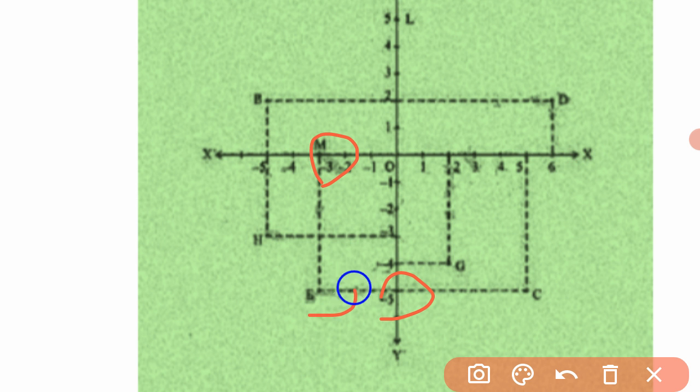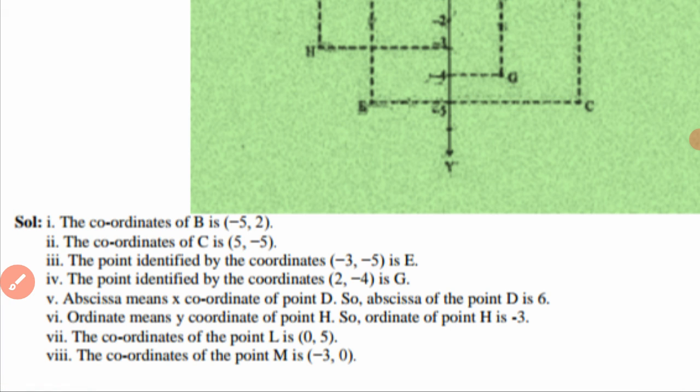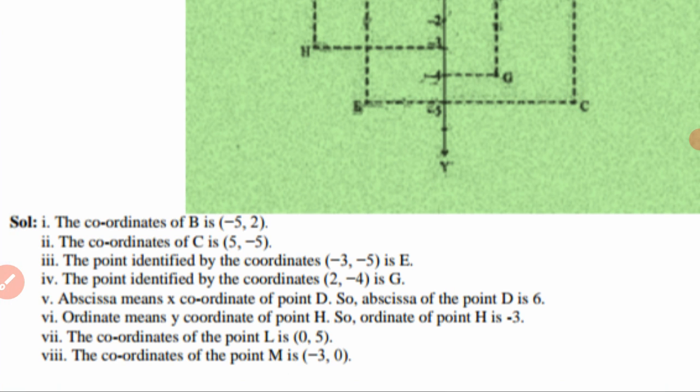This point is represented by E. So in the third part, the point identified by the coordinates minus 3 and minus 5 is E. So E is the correct answer.